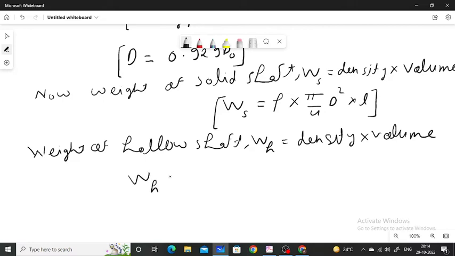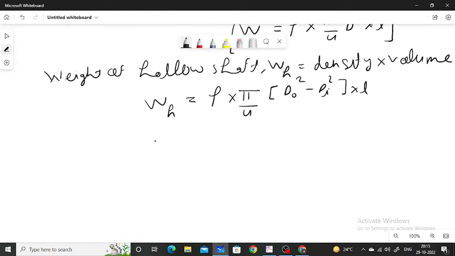Now Wh will be equal to rho into pi by 4 into (D outer squared minus diameter of inner circle squared) multiplied by L. This will be the volume of the hollow circular shaft.